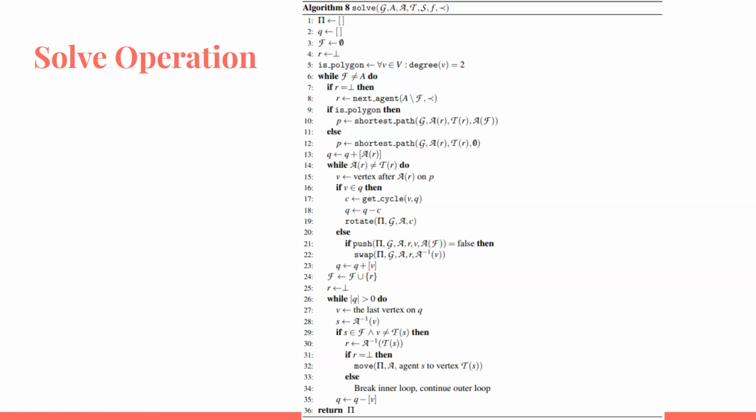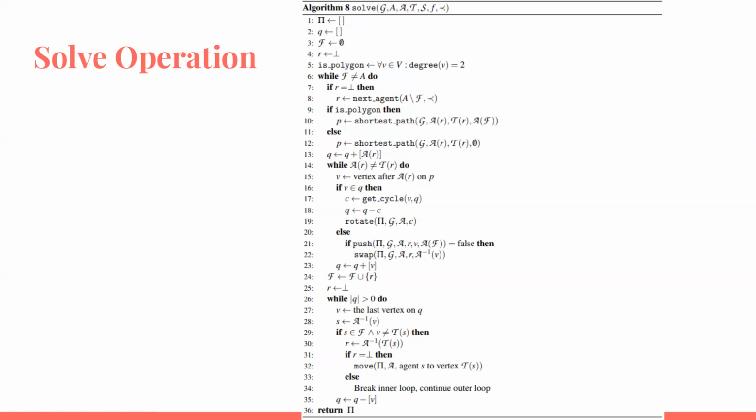The inner loop at line 14 moves R towards its destination. If the next step on the path for R is also on Q, then we have detected a cycle of resolving agents, and so we move them all by calling rotate. Otherwise, we attempt to push because again, it is the cheapest.